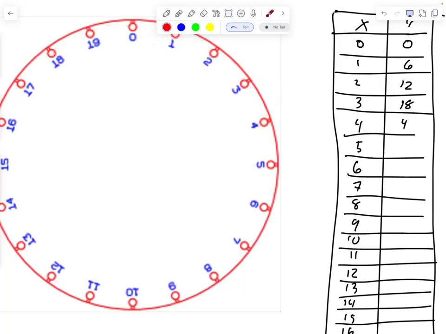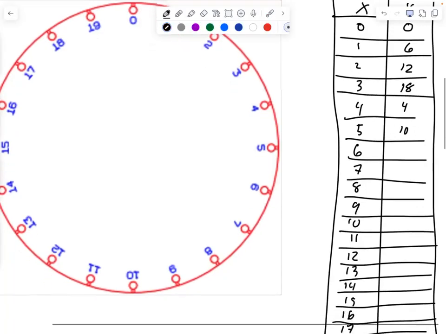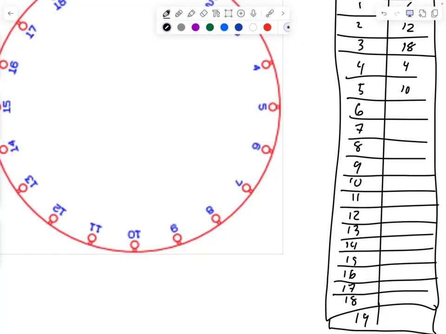Adding 6, 8, good. Next one, 14, good. Next one, 20, which becomes 0. Up, we hit or repeat.